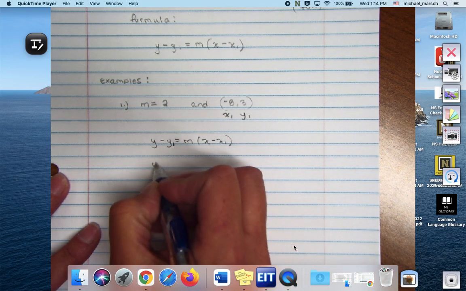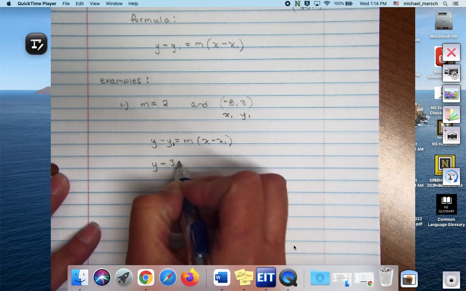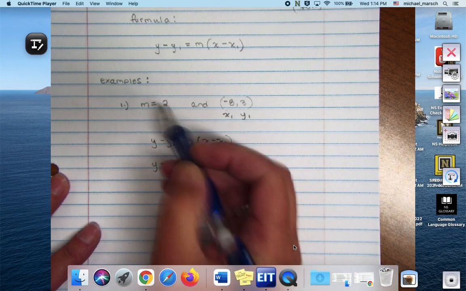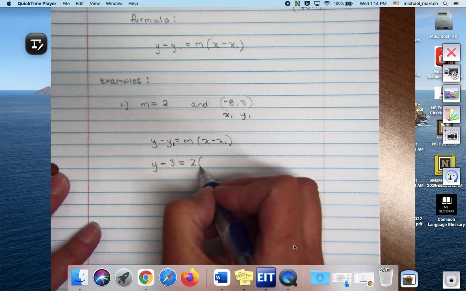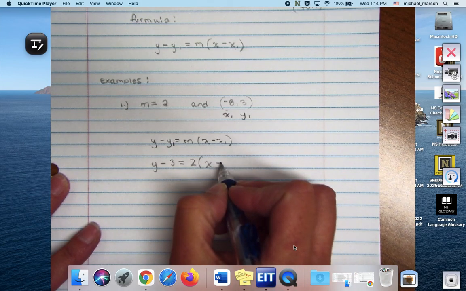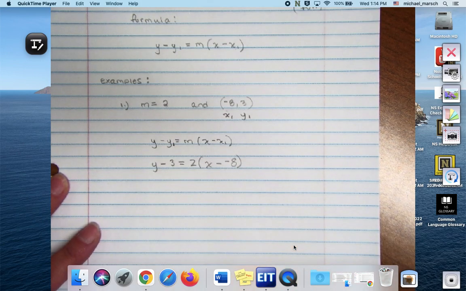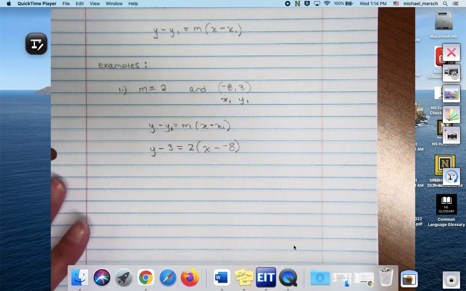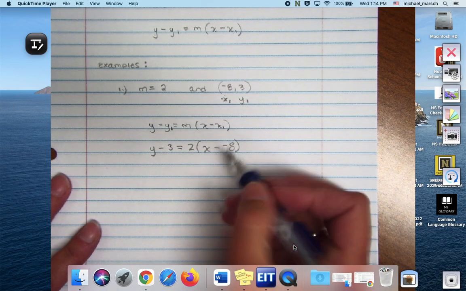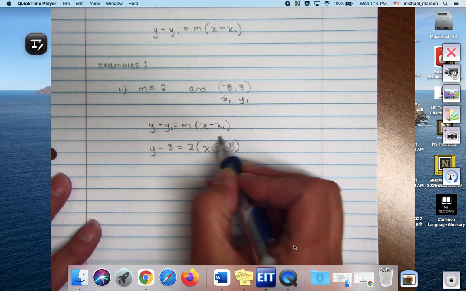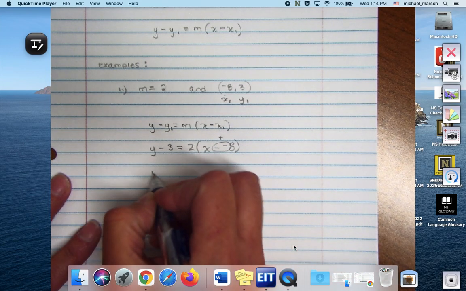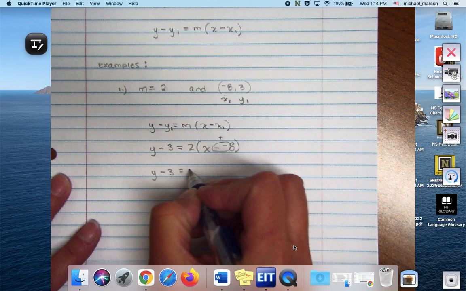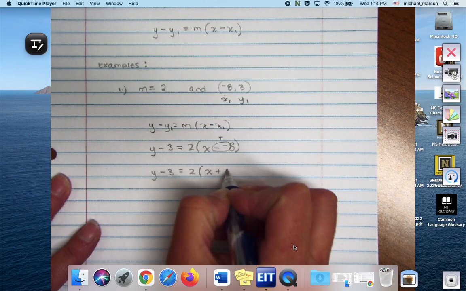So I'm going to get y minus 3 equals 2, because that's my slope, times the quantity x minus negative 8. What does minus a negative do? Positive. So now I have y minus 3 equals 2 times the quantity x plus 8.